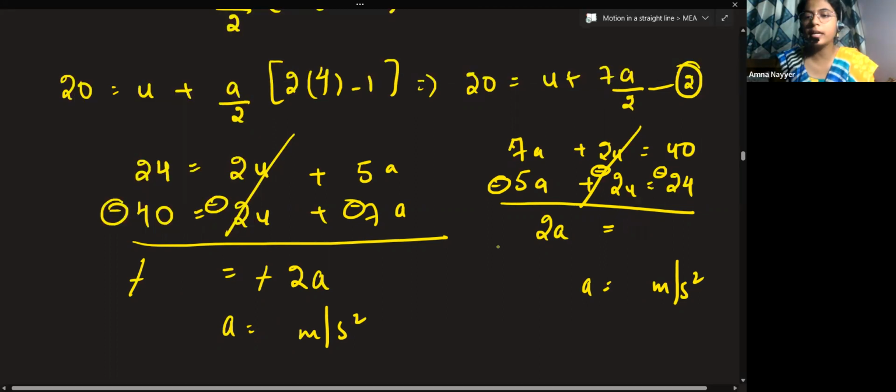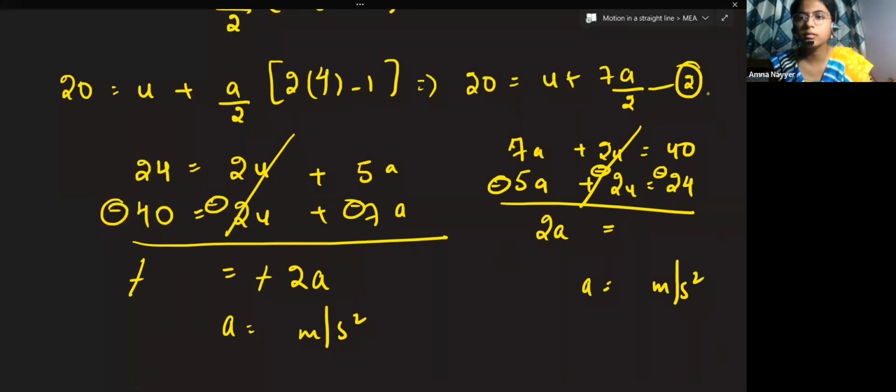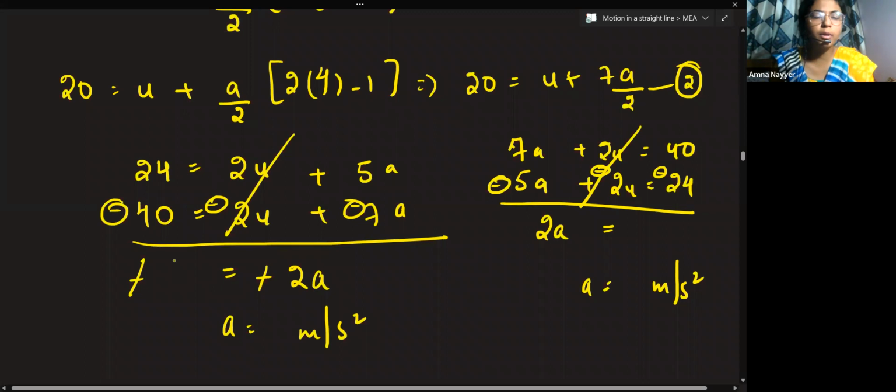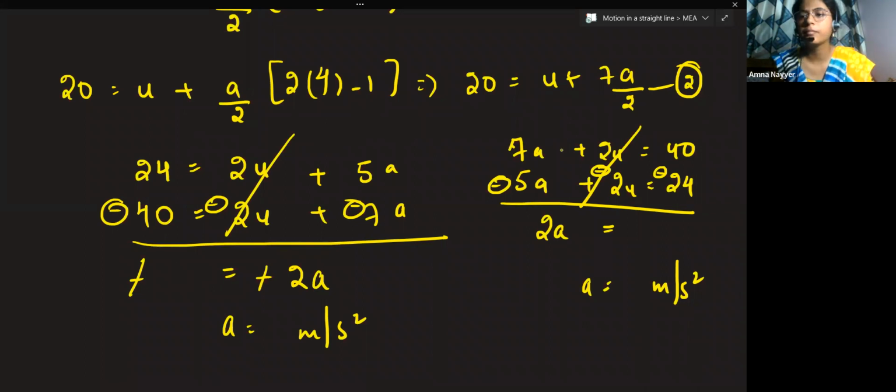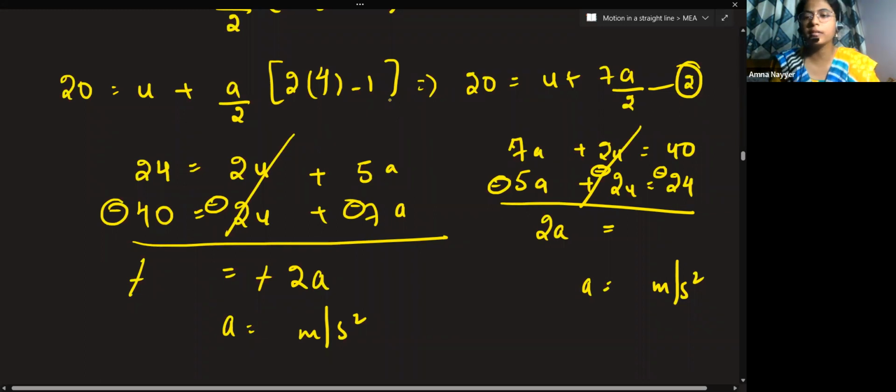Here, what did we get? Here we got 16, no? Over here. This will be 6. We got 16 over here. So it becomes 8 meter per second.